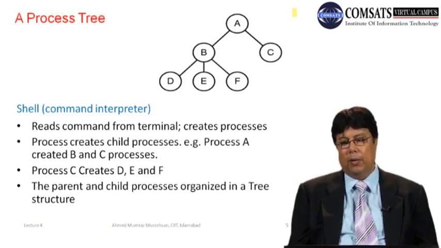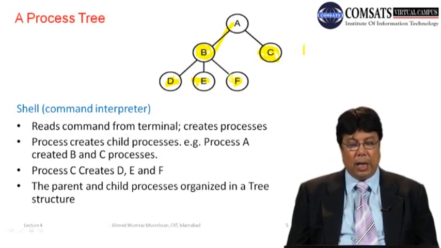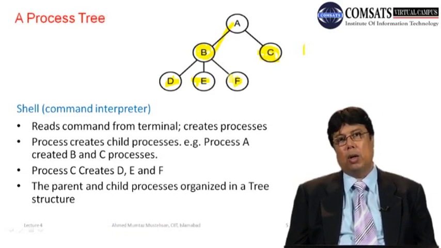For example, in the above example, we have seen that A has created B and A has created C. Then we have seen that B has further created D, E and F. So these are the grandchildren of A. So basically we have seen that a process can create a new process which is called a child process. And parent and child process are organized in the form of a tree. Okay.